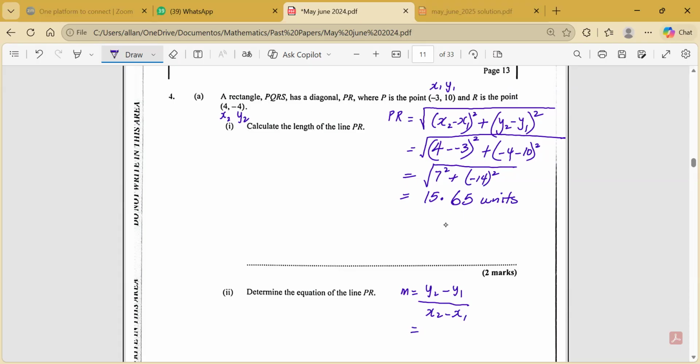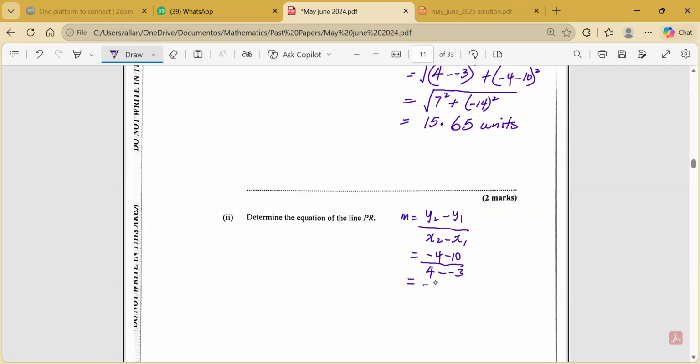We had it here already: negative 4 minus 10, negative 14, divided by 7. So m is equal to negative 2. Anybody lost with this? No, sir.